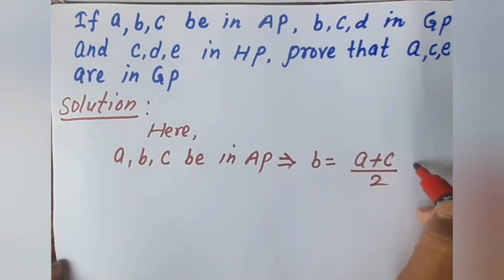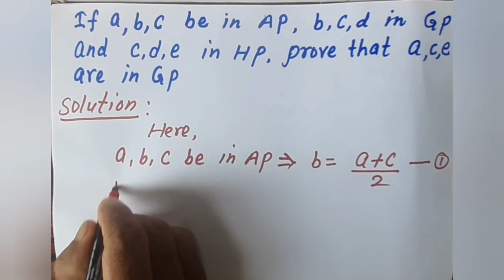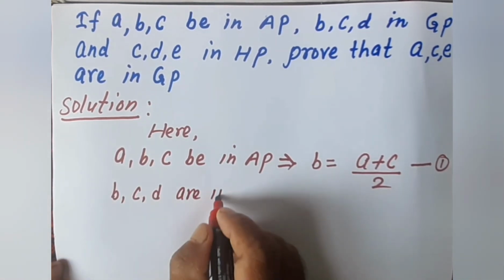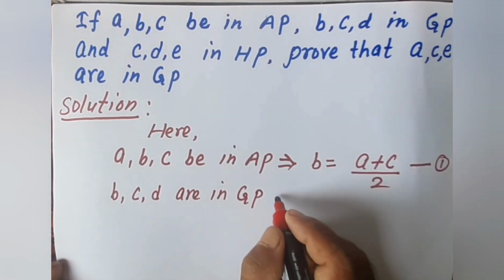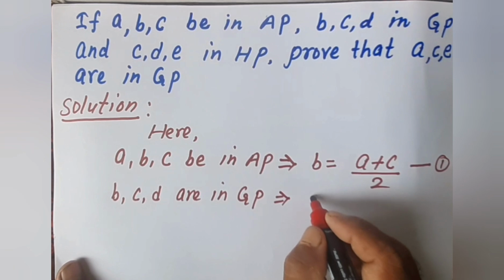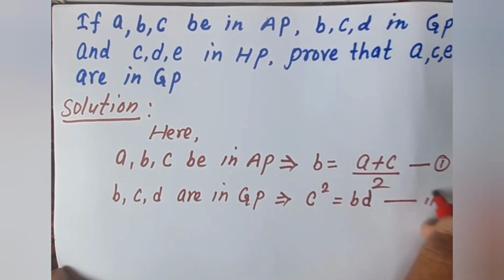This we can write as 1. And again we are given B, C, D in GP. So by the formula of geometric progression we can write C square is equal to BD. We can write this as 2.